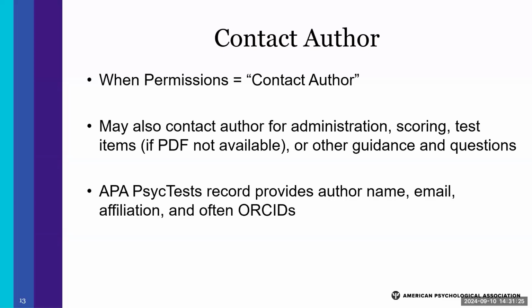As we said, APA is not sitting on secret information about the test, but the author probably is. If you need more guidance on administrating the test or scoring or the test items or really any questions, most authors are delighted that somebody else wants to use the test that they worked so hard on, and will be able to reply and engage with you in that way.